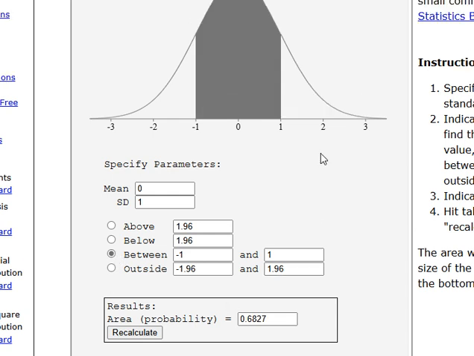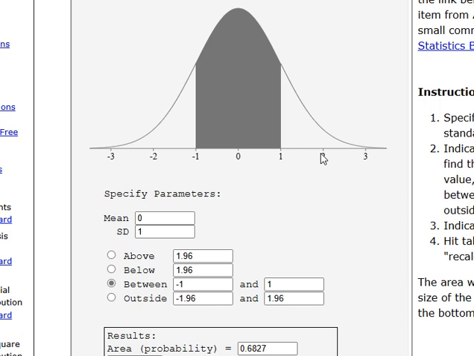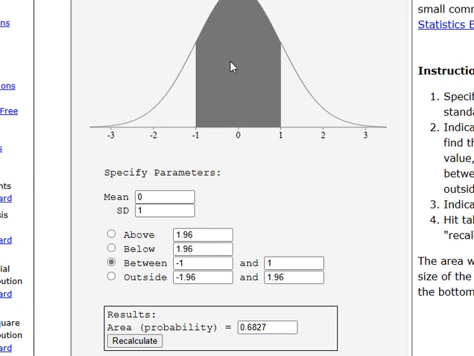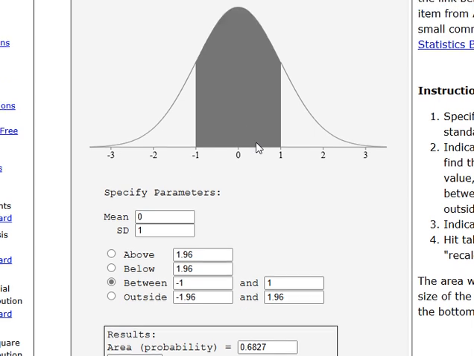So what you got is, see that area? That means your standard deviation going from minus 1 all the way to 1 is going to give you this area. That's pretty easy.